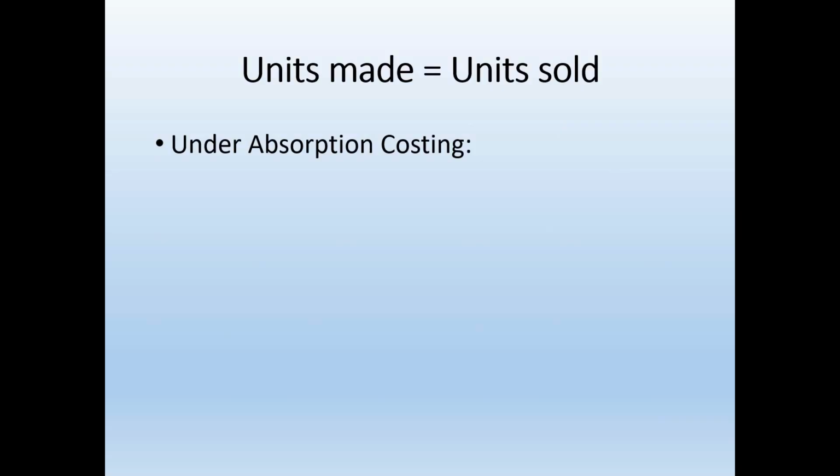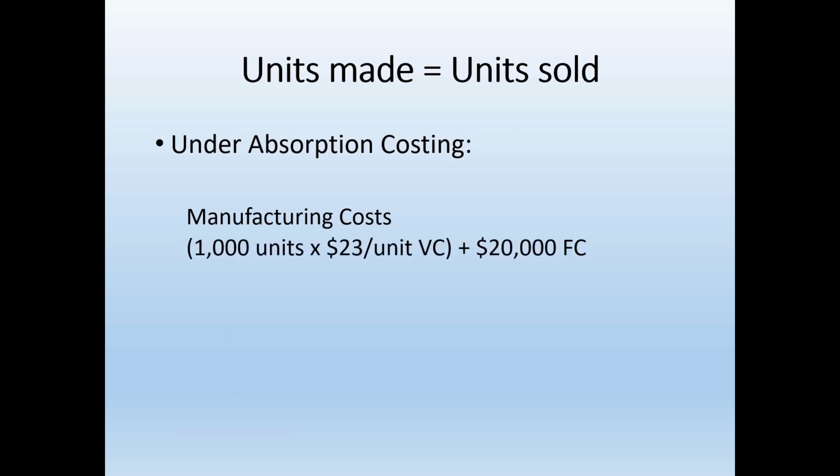Let's look first at absorption costing. The manufacturing costs under absorption costing would include the $23 of variable costs per unit times the 1,000 units that the firm made and sold, plus the $20,000 of fixed manufacturing overhead, for a total of $43,000.